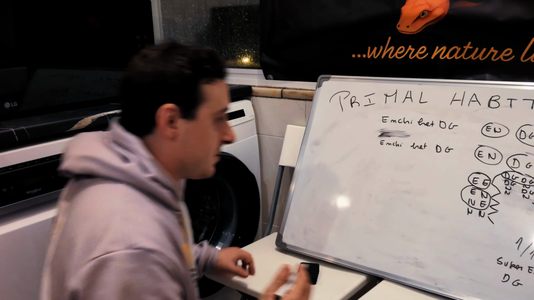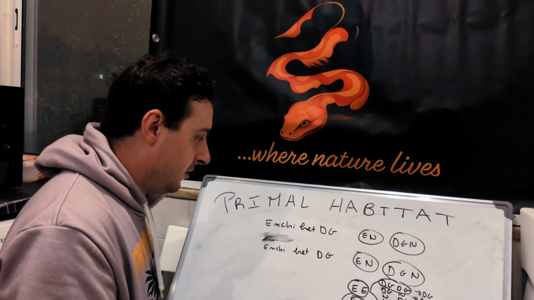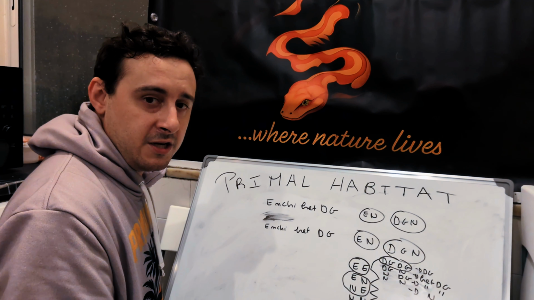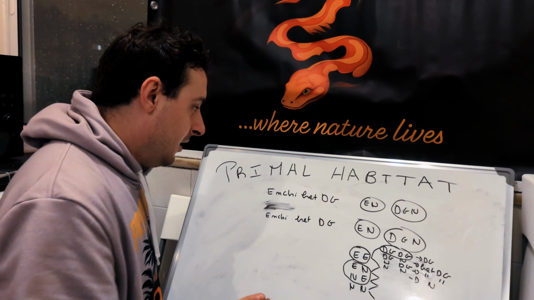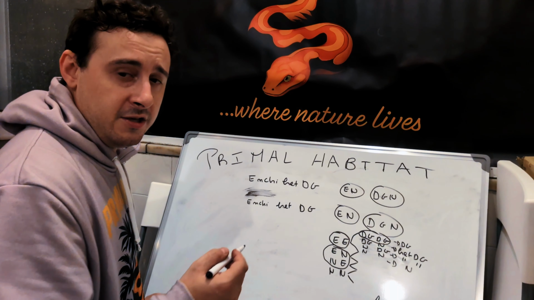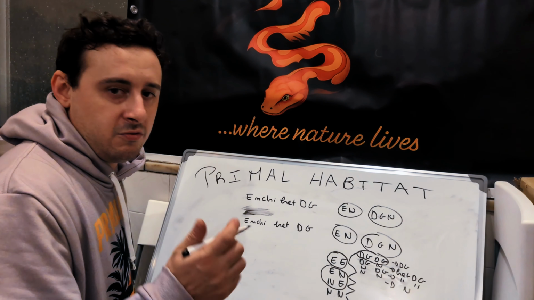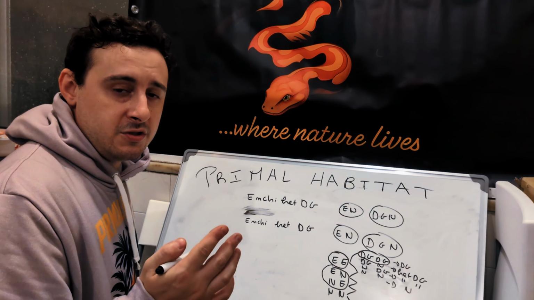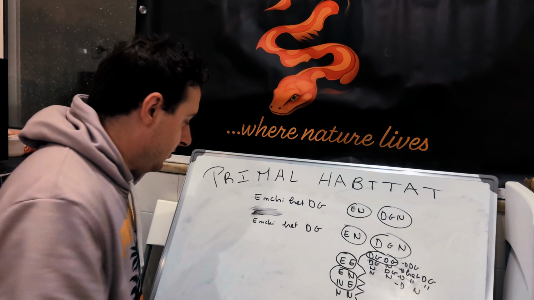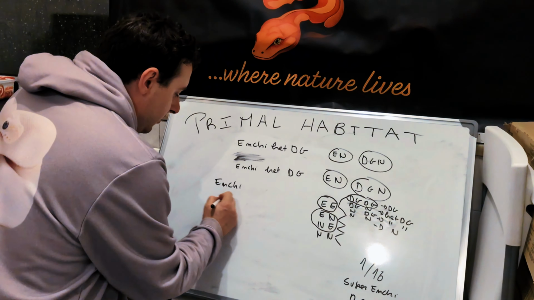So now that you understand what a dominant, codominant and recessive gene is, we have another type of gene: allelic genes. The allelic genes are different from the others because they are part of a complex. If you breed two different codominant genes that are not allelic, it will be like an Enchi with a yellow belly.